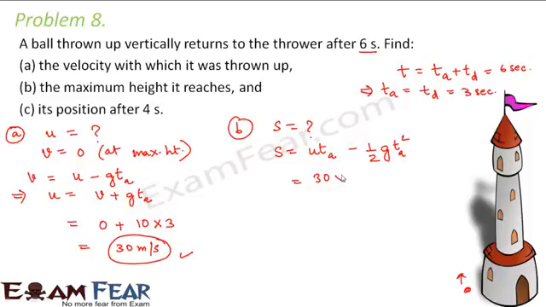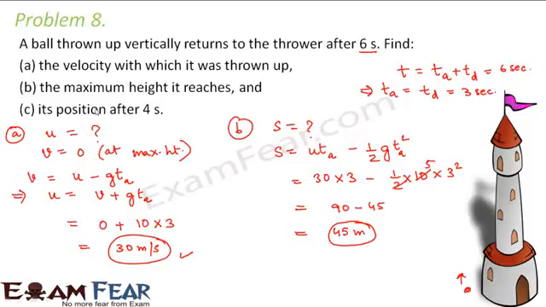So this will be 30 into 3 minus half into 10 into 3 square. So this comes out to be 90 minus 45, which is equal to 45 meters. So this 45 meter is the maximum height the stone will reach.